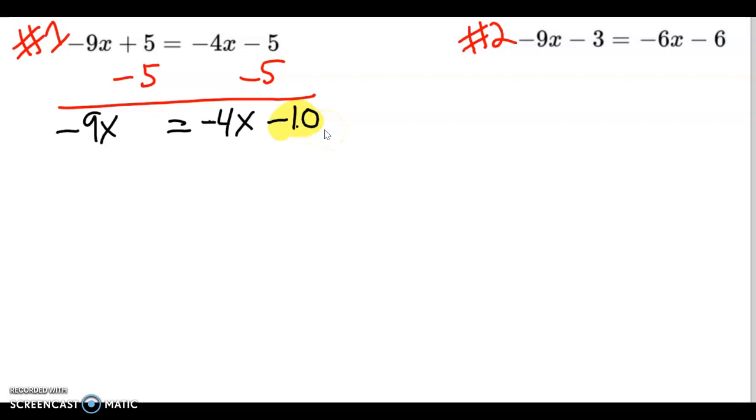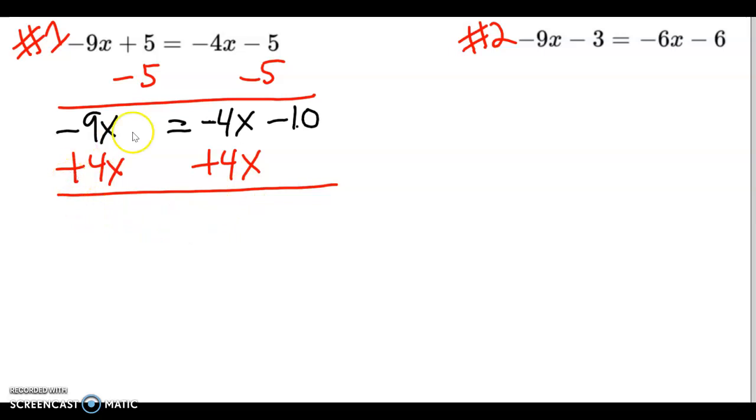Next I want to move the variable term to the left. So I'm going to add 4x on both sides. You're always going to go opposite whichever way you go. Now I have negative 9x, positive 4x, different signs, find the difference. 9 minus 4 is 5, and since the 9 is bigger, I get negative 5x.